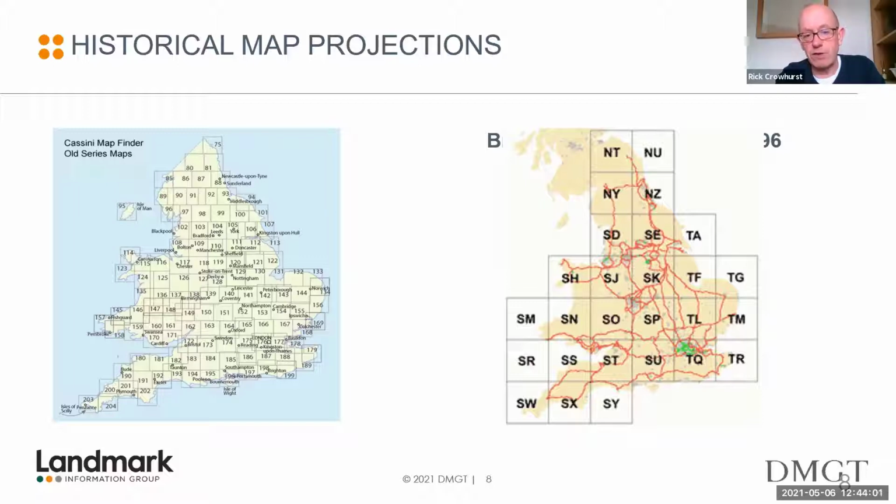And then we have revisions, almost complete revisions. The first revision was almost complete. By the time we get to the second revision, so the 1920s, it's only producing the maps really where change has occurred. It was an expensive business, surveying and publishing the maps.